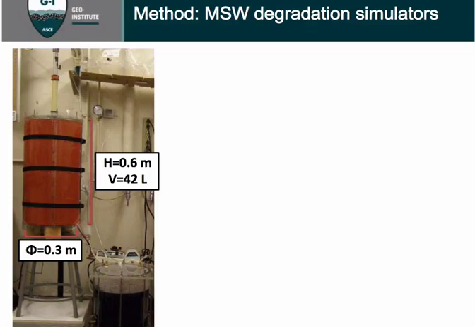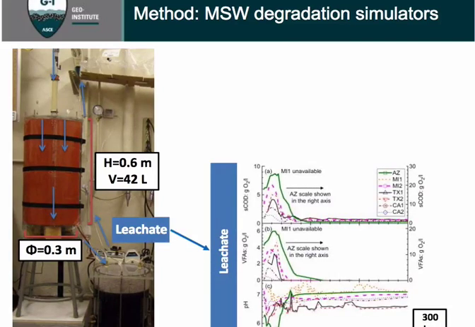It's a lab simulator, and it's sealed. After it's sealed, isolated from oxygen to simulate the anaerobic landfill condition, leachate is added to the waste, and then the leachate is recirculated a few times a week to accelerate the biodegradation process. As you can see on the right, the leachate chemistry is carefully characterized.